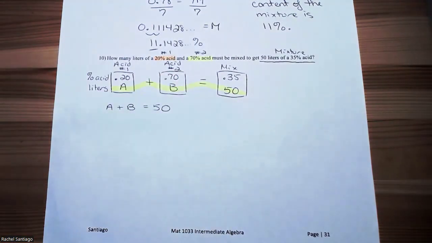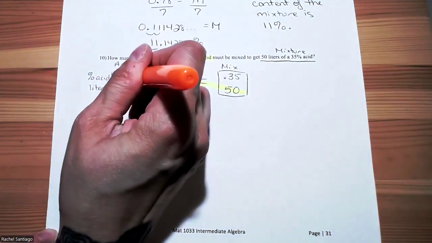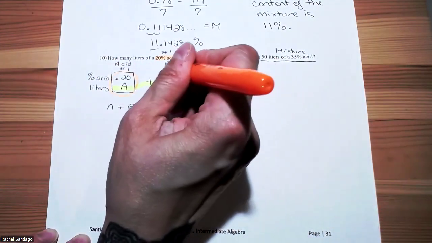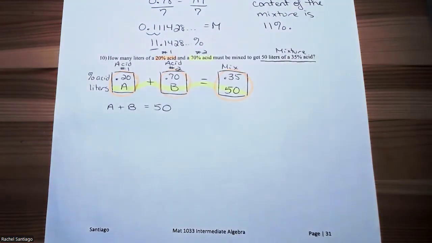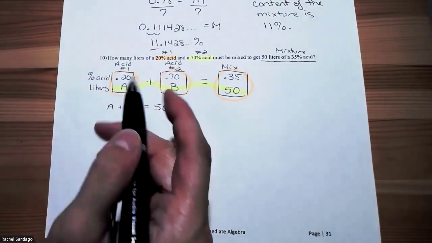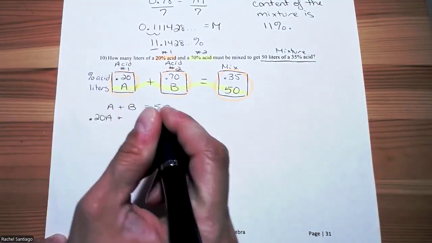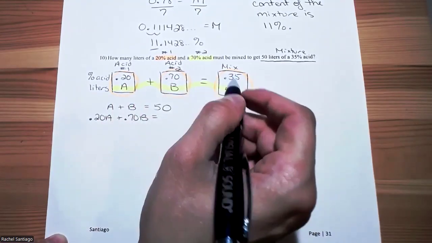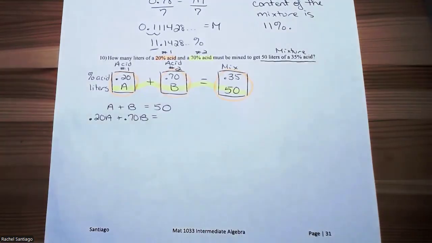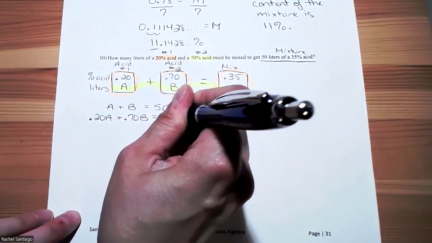My second equation, you guessed it, is going to be value. So concentration times amount plus concentration times amount equals concentration times amount. So we have 0.20 times A, which is 0.20A, plus 0.70 times B is equal to, and now I'm just going to punch this in, 0.35 times 50, and that's going to give me 17.5.